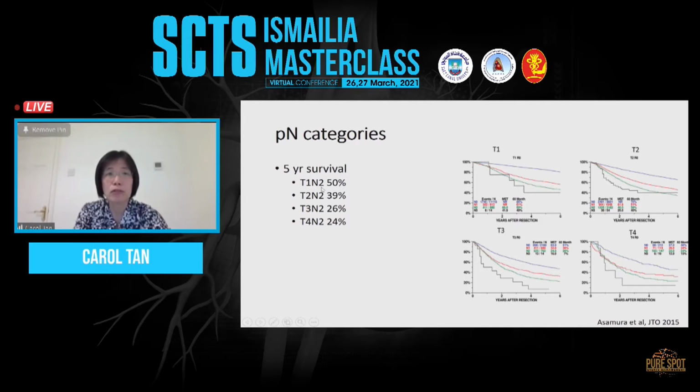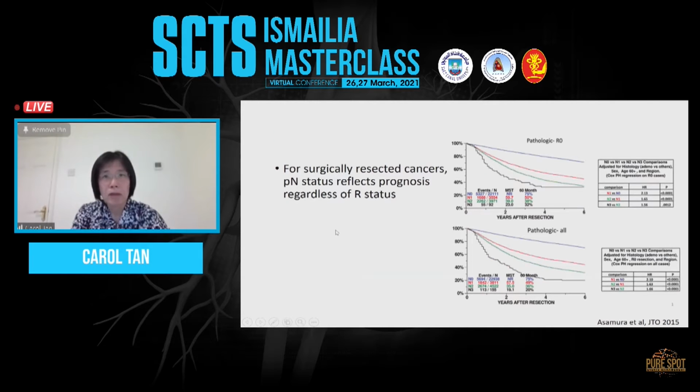T1, N2 has a 5-year survival of 50%, T4, N2, 24%. Whether or not you have a complete resection, so it's R0 or all other R status, you will see that the N status will reflect prognosis.